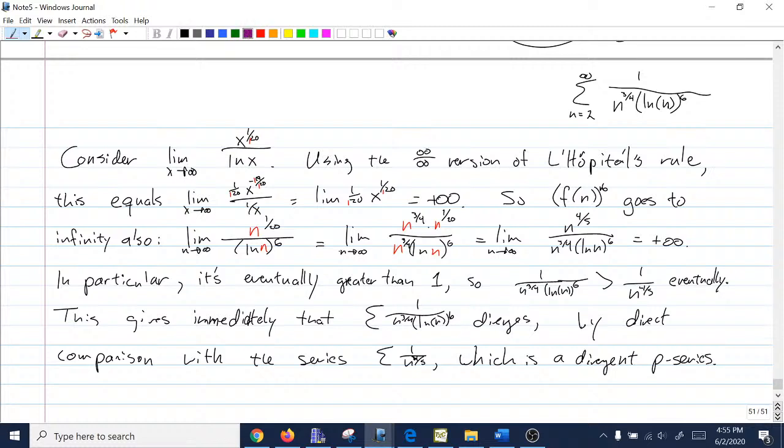And then I like being cute and smushing all this together and saying with the divergent p-series. But that might be too cute. This is the more normal way to phrase it. Ugh, this is gross. Look how much stuff we packed in.